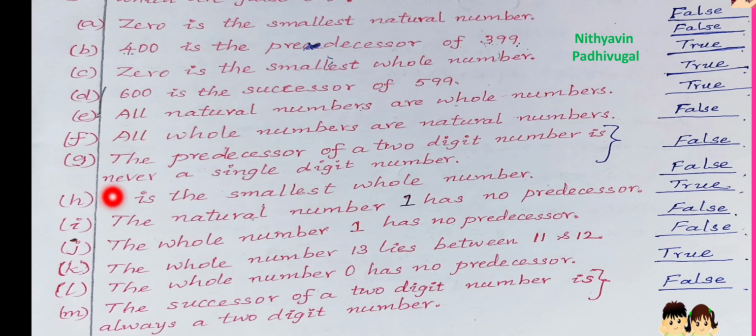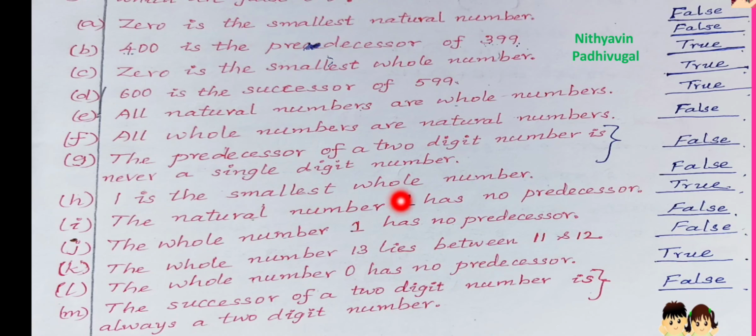Never means not always. But there is a possibility to have a single-digit number as the predecessor of a two-digit number. Right. 9, a single-digit number, is the predecessor of the two-digit number 10. So this statement is false.